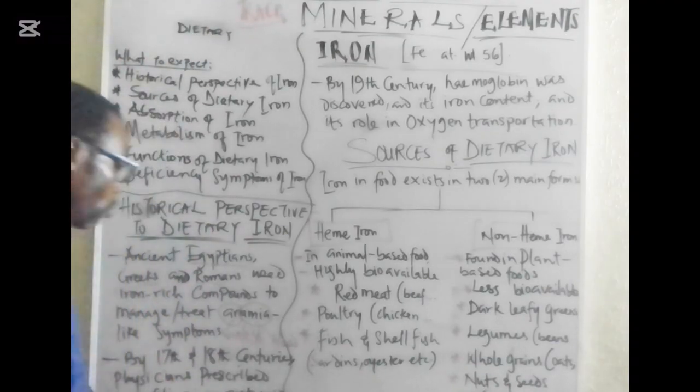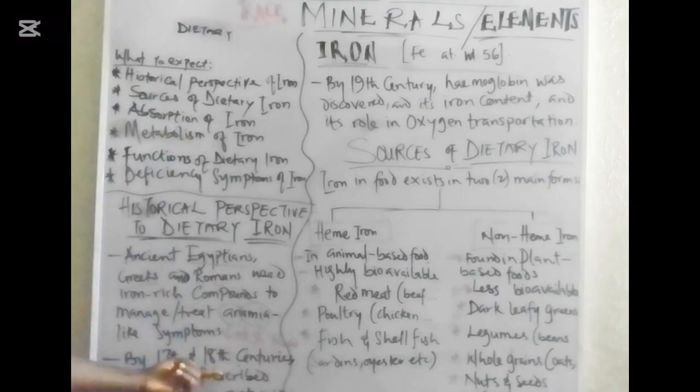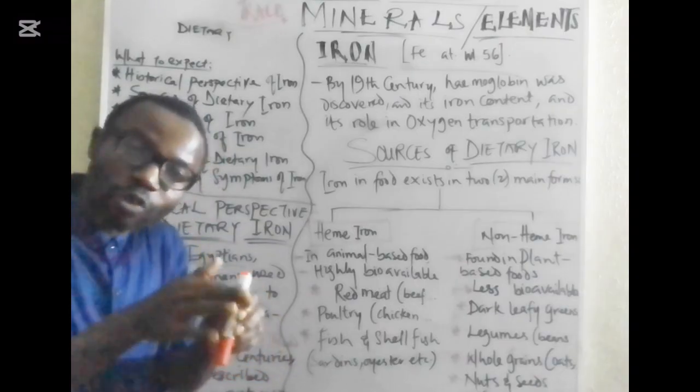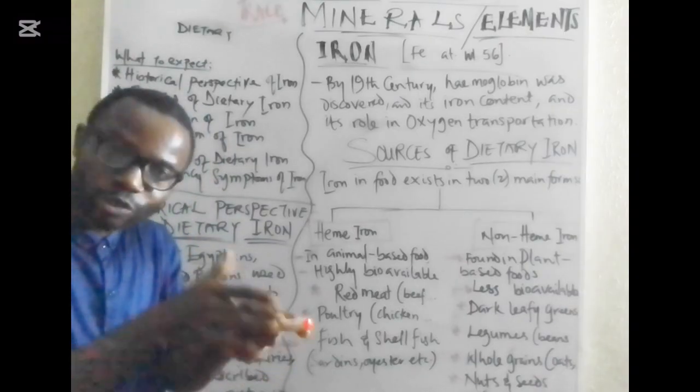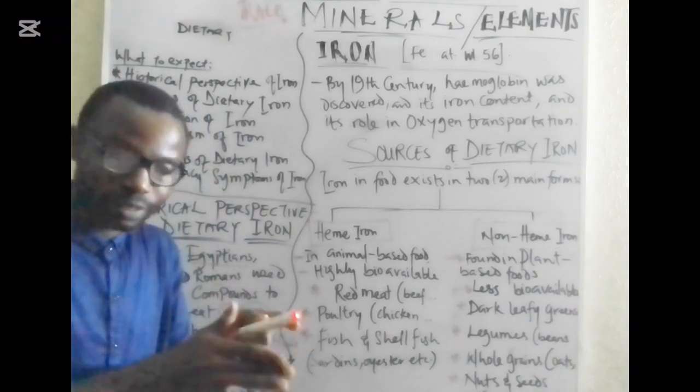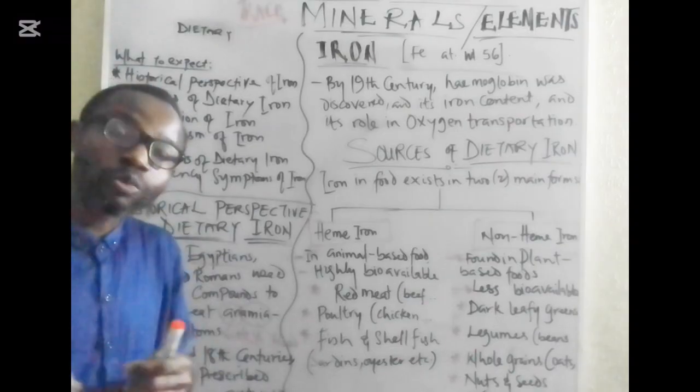So what do they do when they discover this? From the 17th to 19th century, even physicians started recommending iron filings and rust on iron. Remove the rust from iron and then crush it into wine. And also iron filings.